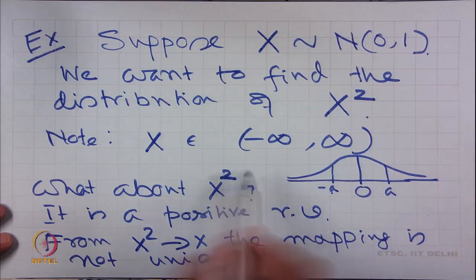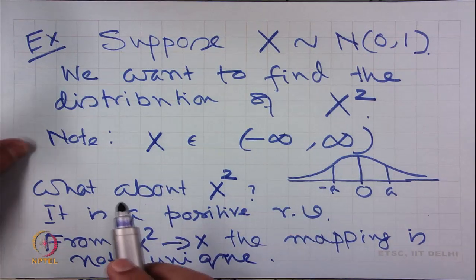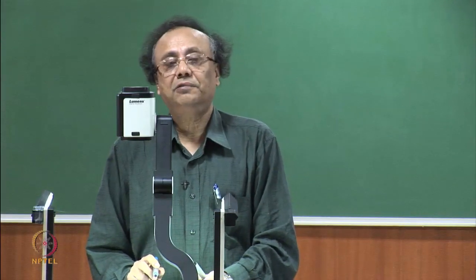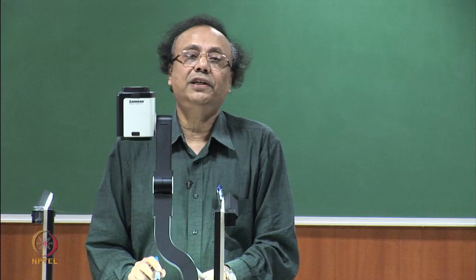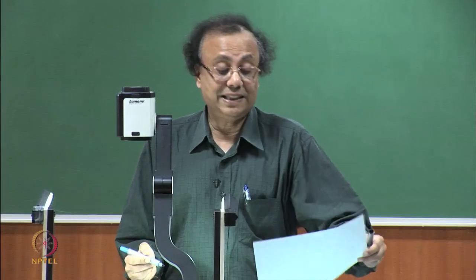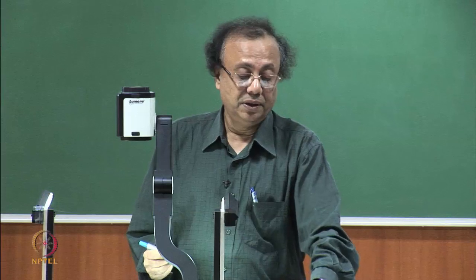Therefore, from x square, when I go back to x, this mapping is not unique, as I have explained in my previous lecture with respect to a discrete random variable. If you remember, I have taken minus 2, minus 1, 0, 1, 2, and from there I explained that the inverse mapping is not there.